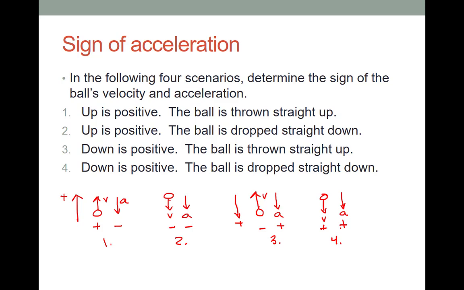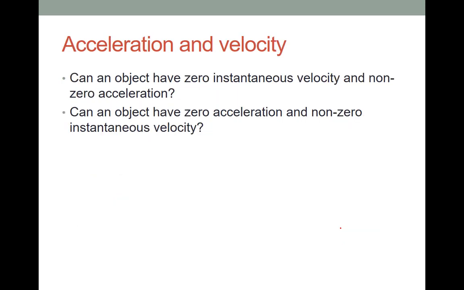And if you can't, someone has done something wrong. Lastly, I want to think about acceleration and velocity just a little bit further. The first question is, can an object have a zero instantaneous velocity and a non-zero acceleration?